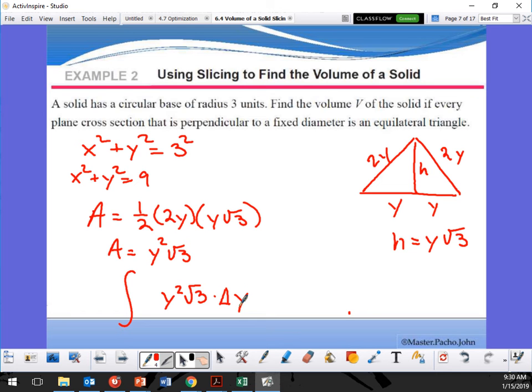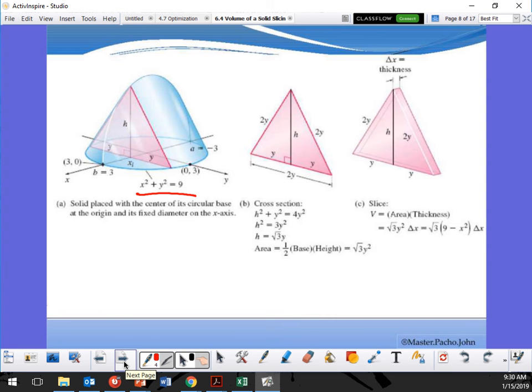Is it 0 to 2y or 0 to h, because we're in y? If you go back to the drawing, y was given for this one right here. So it would be 0 to what? 0 to 3. It should be 0 to 3 there. Okay, we should come up with 0 to 3.